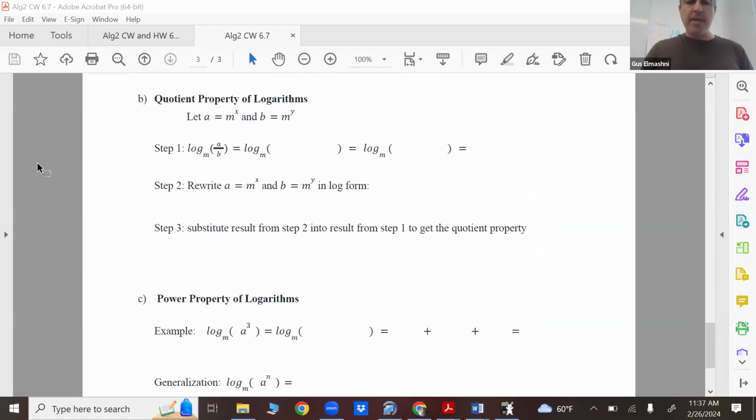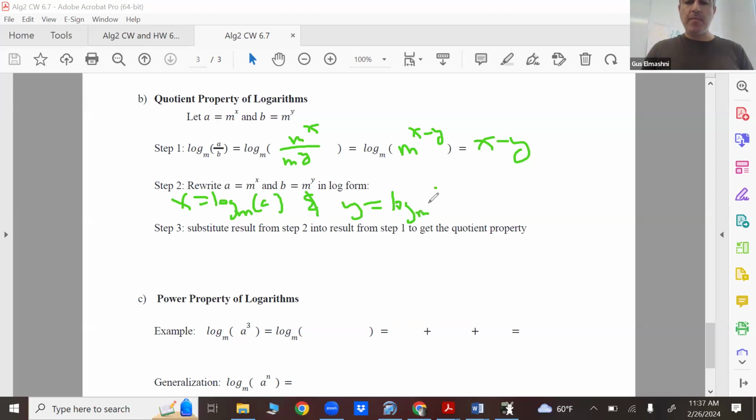So again, same thing. I'm going to replace a with m to the x, replace b with m to the y. And how do I combine those exponents, guys? M to what power? And the log and the m cancel, so you get x minus y. Again, x equals log base m of a, and y equals log base m of b.